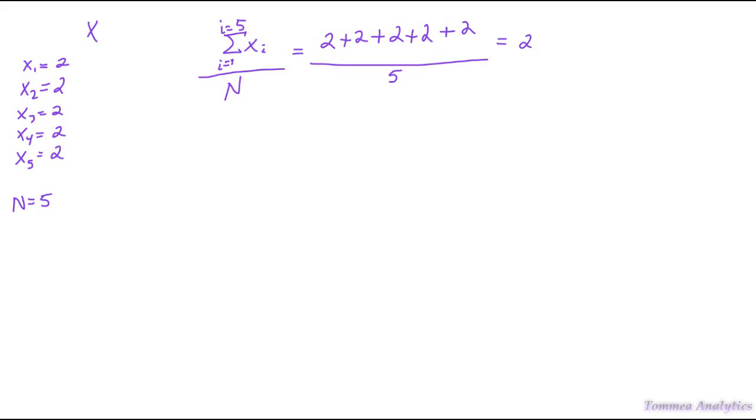Now, to understand the standard deviation, we first need to understand the word deviation. What deviation means is the distance an observed value, say for instance this observed value, the first one of 2, the distance that value lies away from the mean, the population mean of 2.